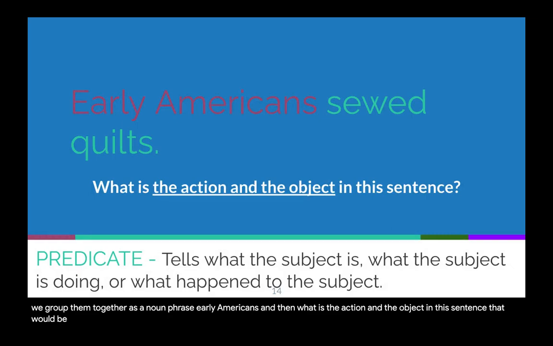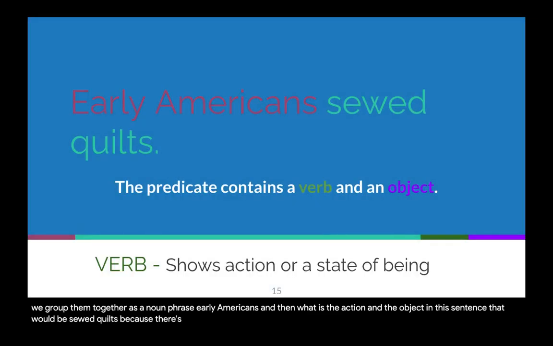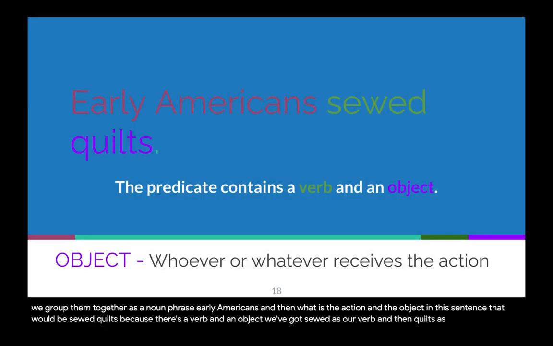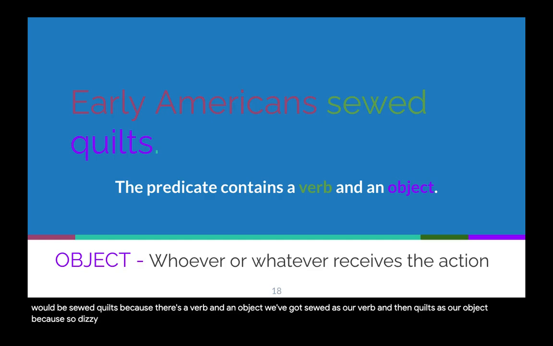That would be sewed quilts, because there's a verb and an object. We've got sewed as our verb, and then quilts as our object. Because sewed is the action, and quilts is what receives that action.